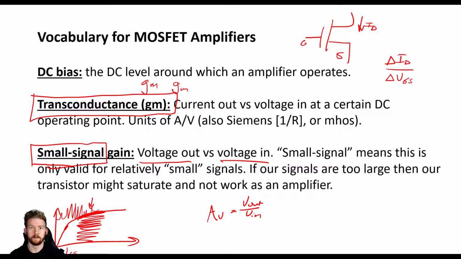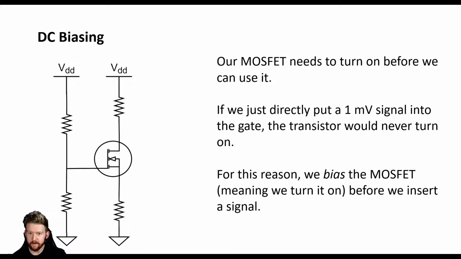So you might get some nonlinearity, some distortion, it could be clipping, things like that, which is generally not good for your amplifier. So you have to consider that these amplifiers are built around smaller signals. You can accommodate a larger signal, but you're going to have to change your analysis. It becomes a little bit more complicated, but we're not going to concern ourselves with that because we're only going to be concerned with small signals for this lesson. So now we've got the amplifier out of the way.